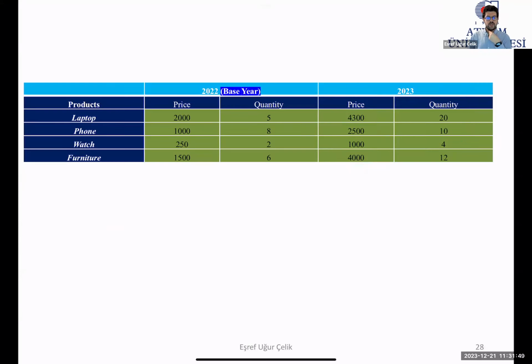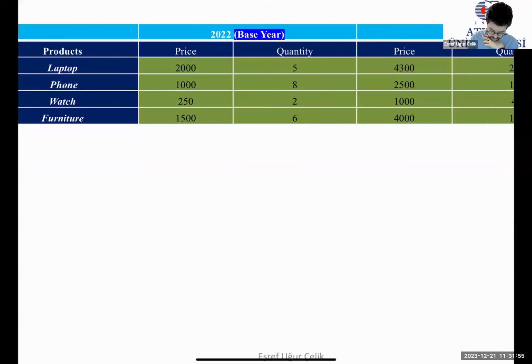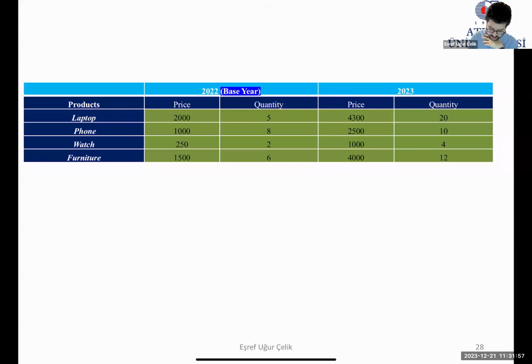Let's come to the base year. In the base year, the nominal GDP and real GDP are equal because we are fixing the price at the 2022 level.